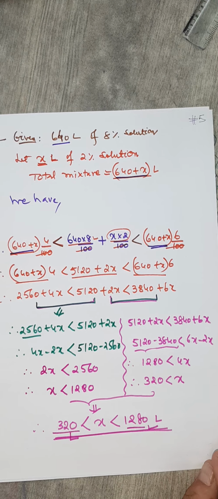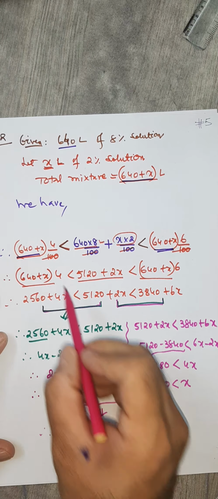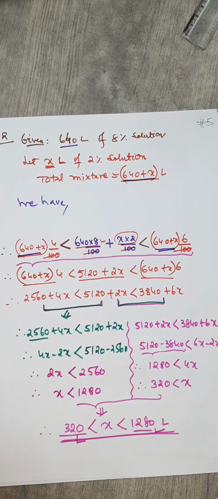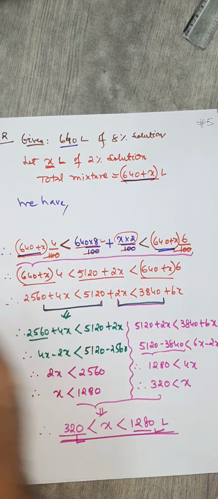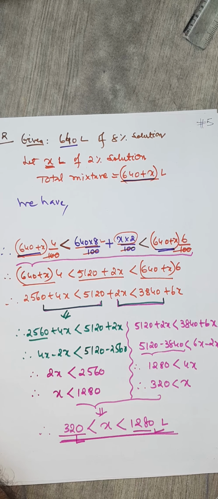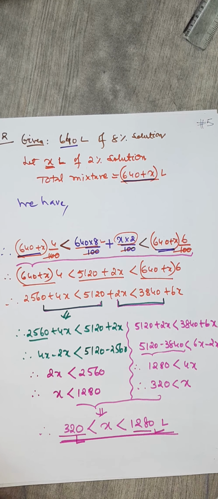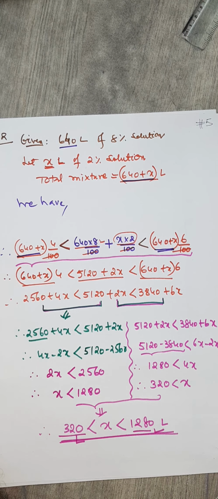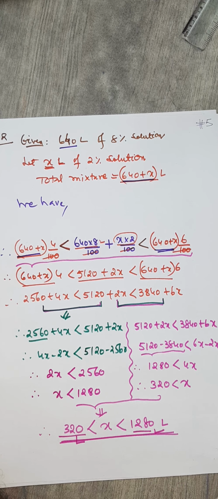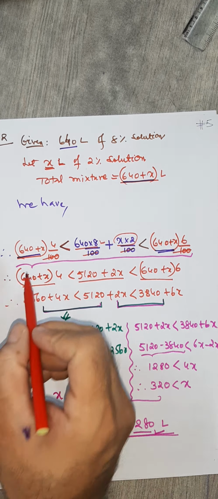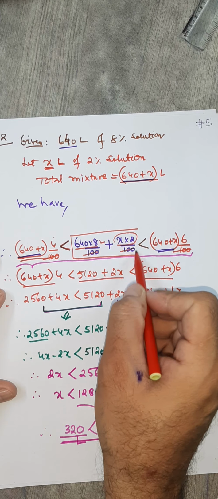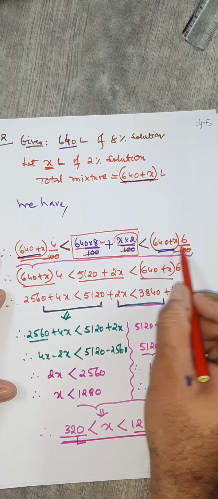The only important part in this entire solution is the formation of this inequality. Remember, if you just read the question, you will see that you are given that the mixture is to be more than 4% and less than 6%.